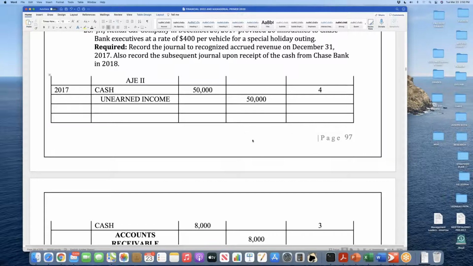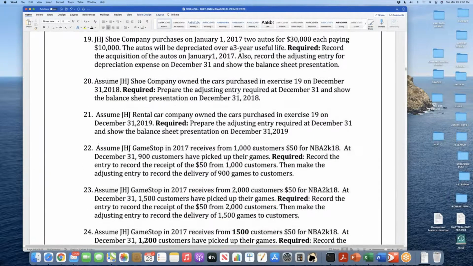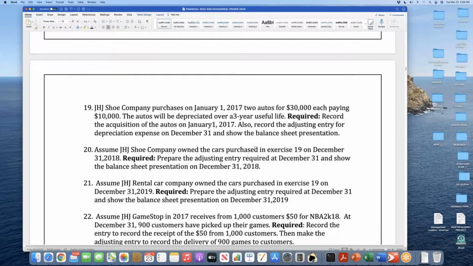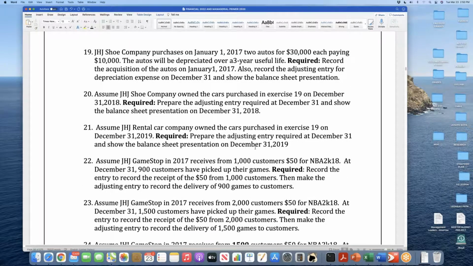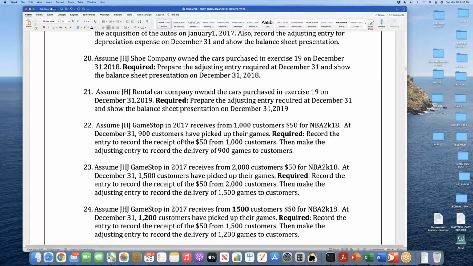Now, the next thing it says is that 900 customers picked up the games. So, when this happens, some people will not go back to pick up their games.